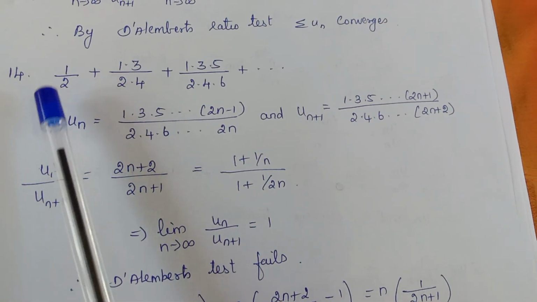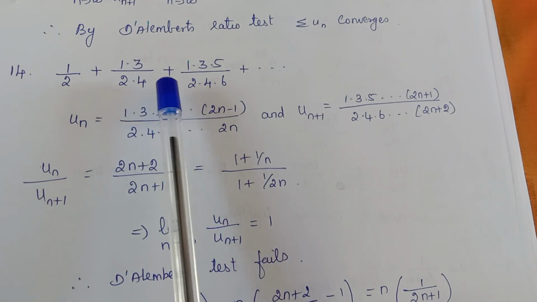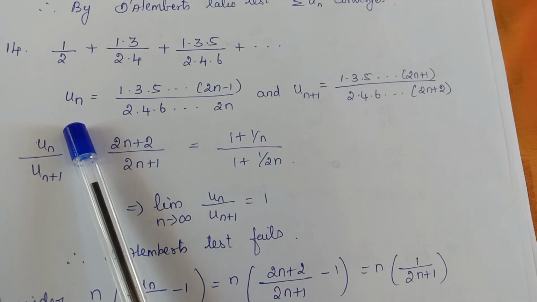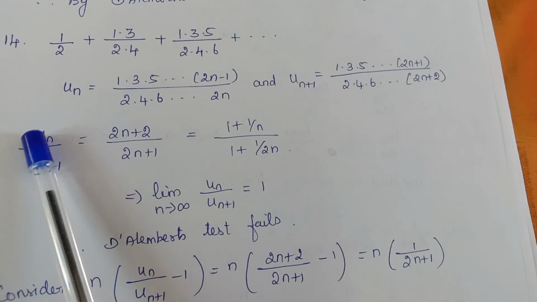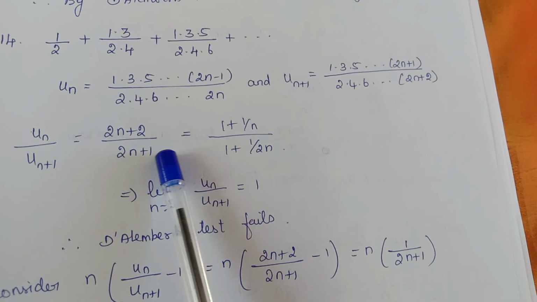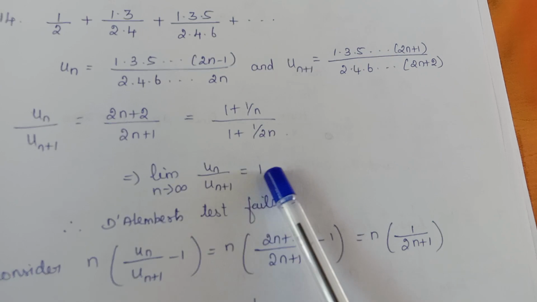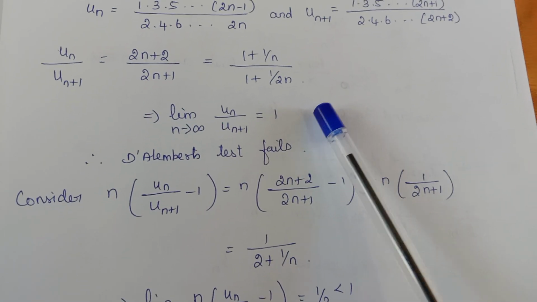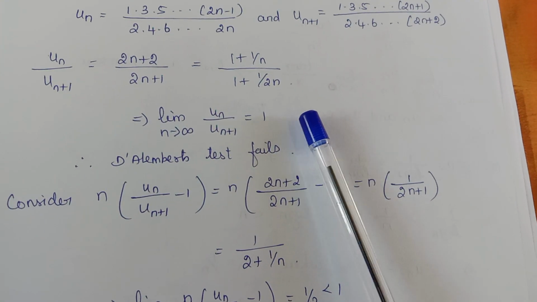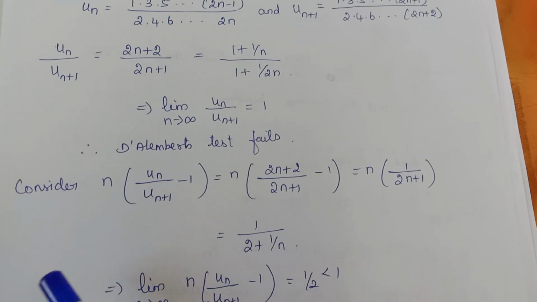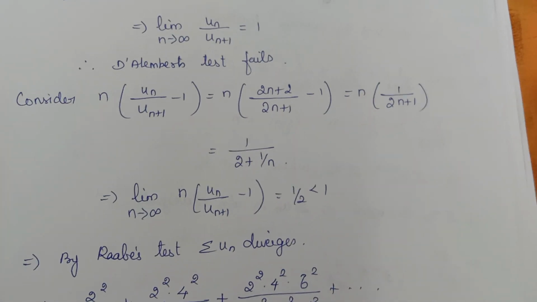Okay. Next problem, 1 by 2 plus 1 into 3 by 2 into 4 plus 1, 3, 5 by 2, 4, 6 plus etc. So write un and un plus 1 and you find what is un by un plus 1. I am getting it as 2n plus 2 by 2n plus 1. So as n tends to infinity, this is equal to 1. So the ratio test, D'Alembert's ratio test fails when the limit is equal to 1. So whenever you get the terms like this, you can make use of Raabe's test.